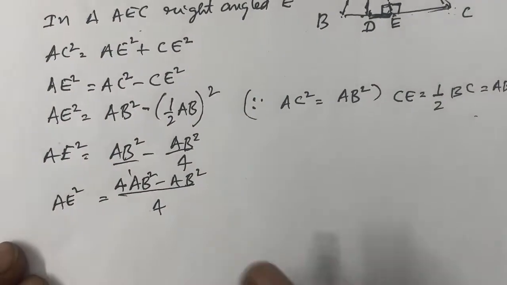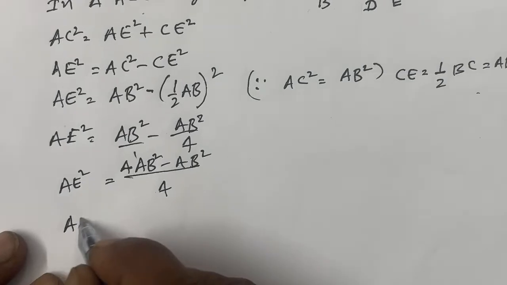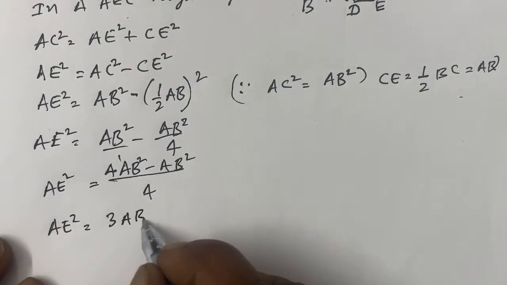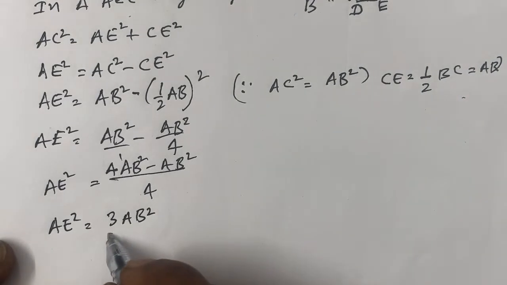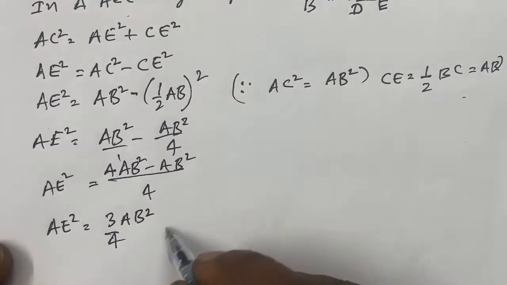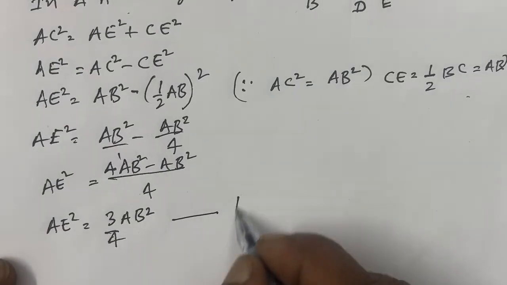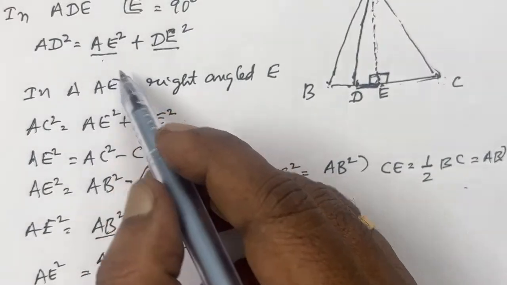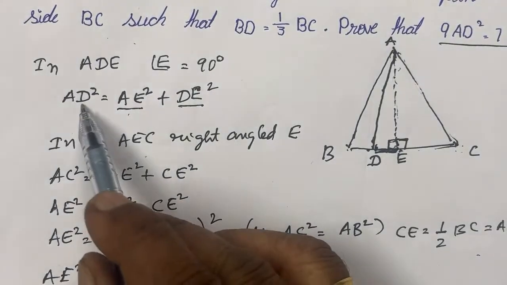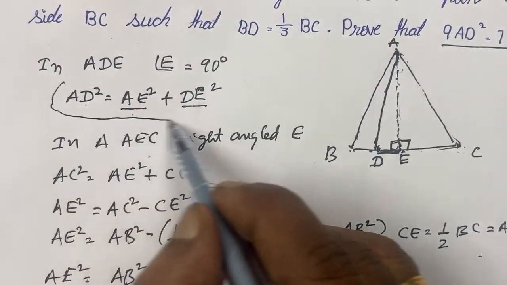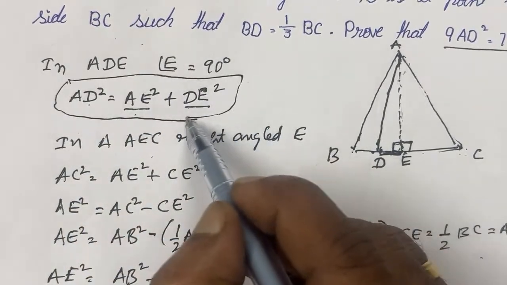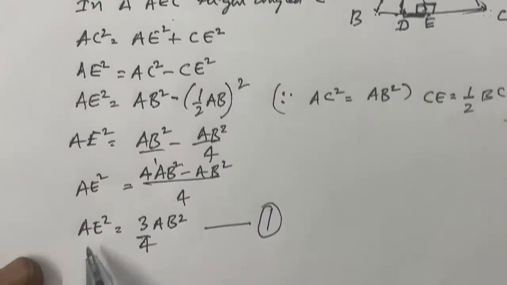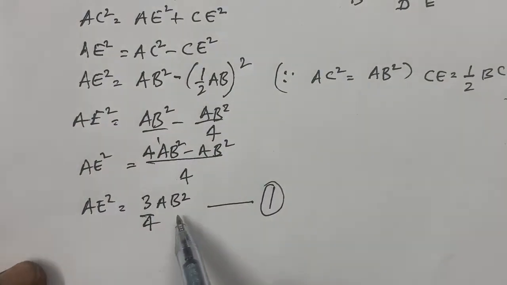So therefore AE square is equal to 3AB square by 4. And this is equation 1, the prime equation, very important. For this purpose I wanted the AE value, and I got it: 3 by 4 AB square.